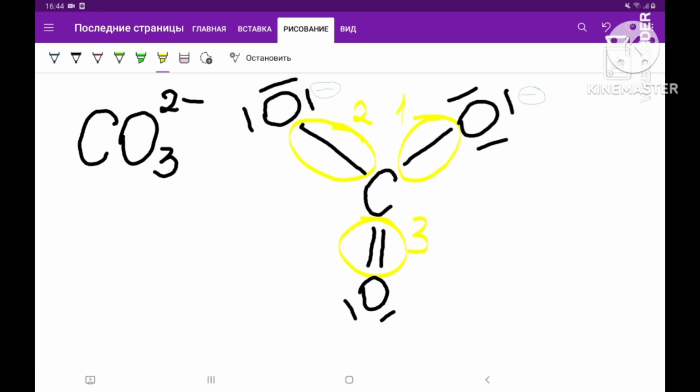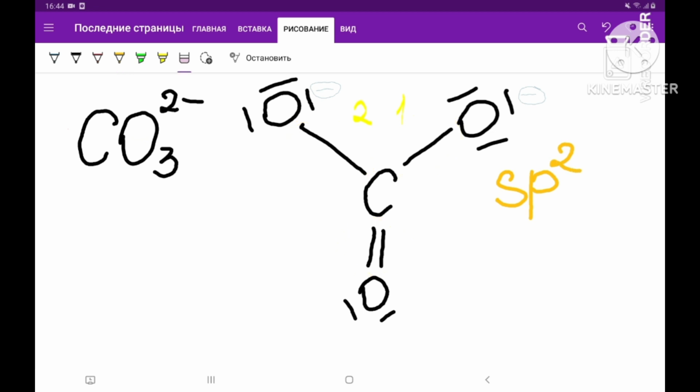This carbon wants to create bonds with 3 other atoms. If we count 1, 2, and 3, it has 3 bonding areas or 3 electron areas. So if it's 3, it means 1 will be S and 2 other ones will be P. So we have sp2 hybridization here.